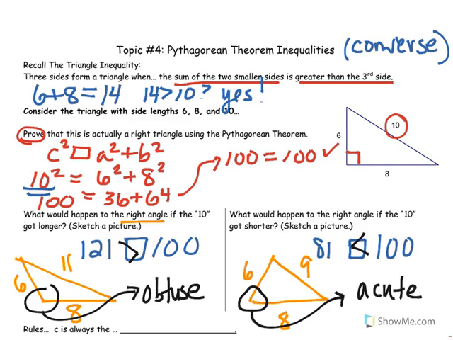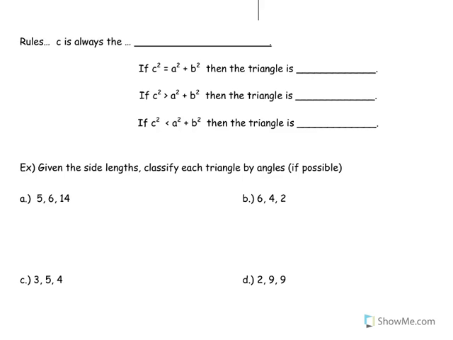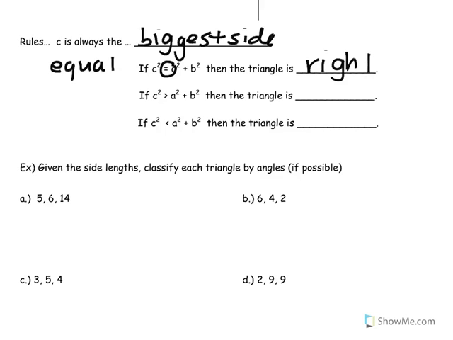So, let's generalize what the rules are for the Pythagorean theorem inequalities. We know that c is always going to be the biggest side, okay? So regardless of what type of triangle it is, the largest side you're always going to use is c. And if we test the Pythagorean theorem and we get that c squared becomes equal to a squared plus b squared, we know the triangle is right, just like 6, 8, and 10.